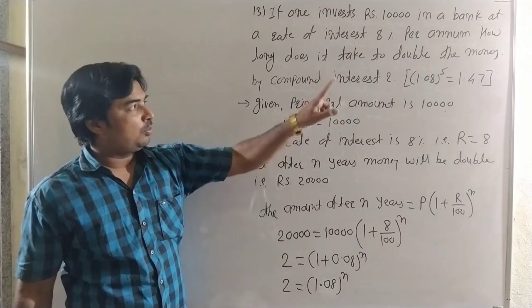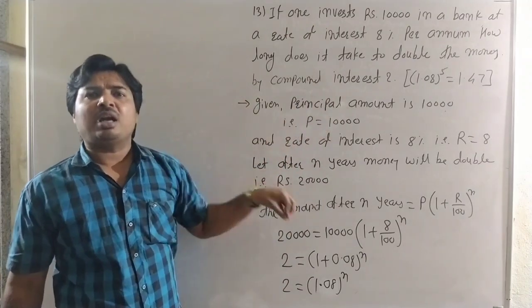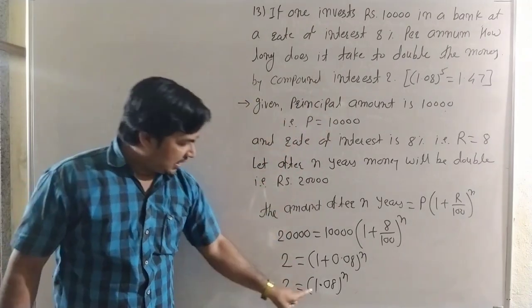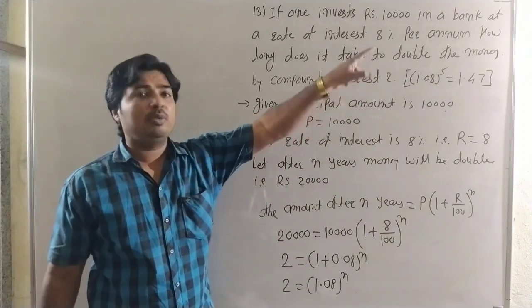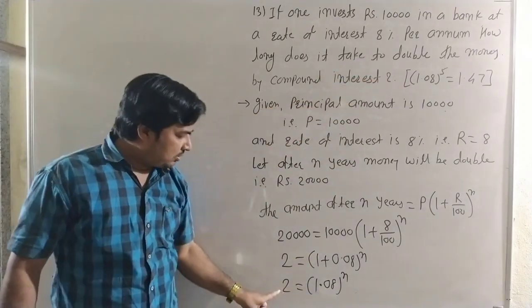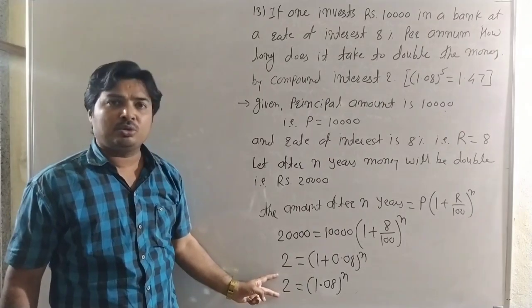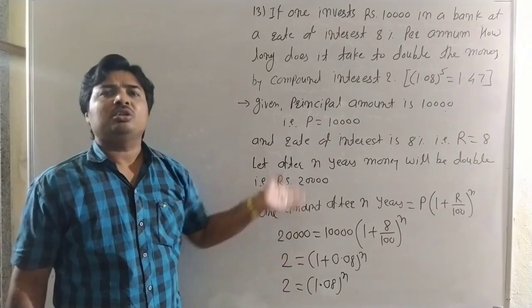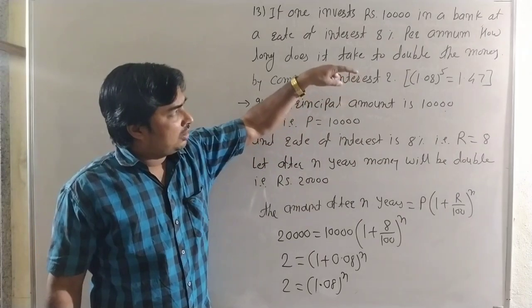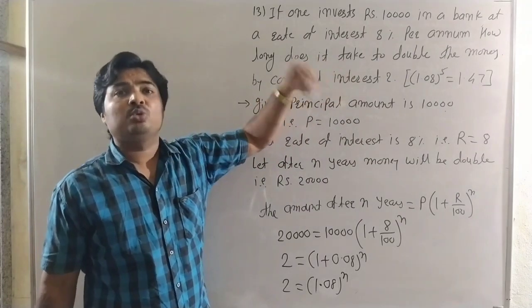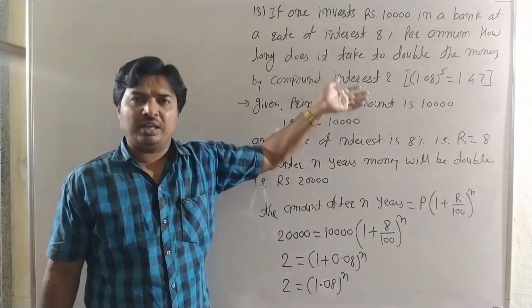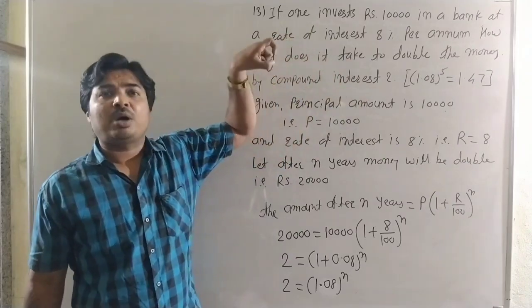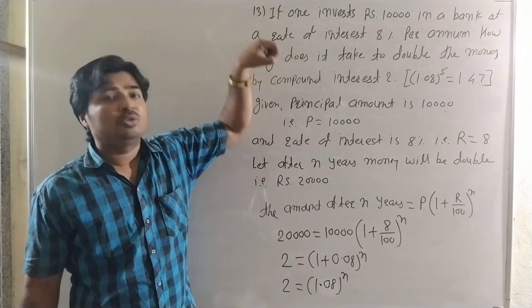We want a value near about 2, and this value is not near about 2, so we can find the other value, 1.08 to the power 6, 7, 8, 9 or 10. The power 10 is easy to calculate.